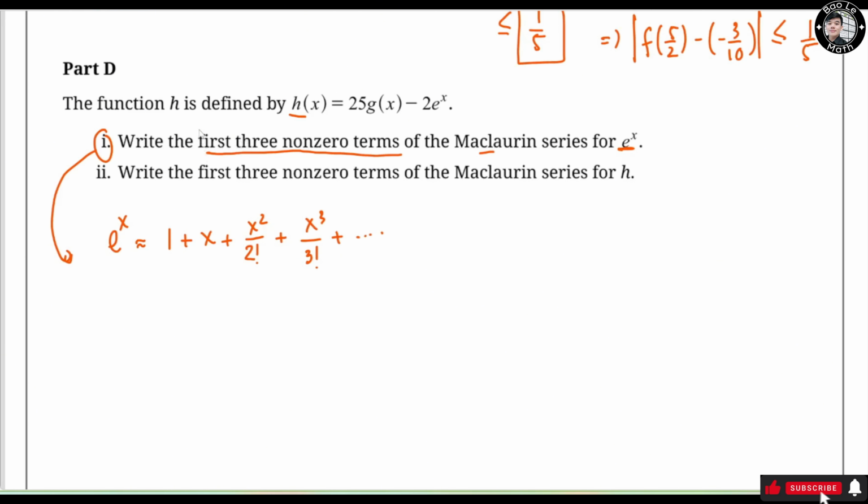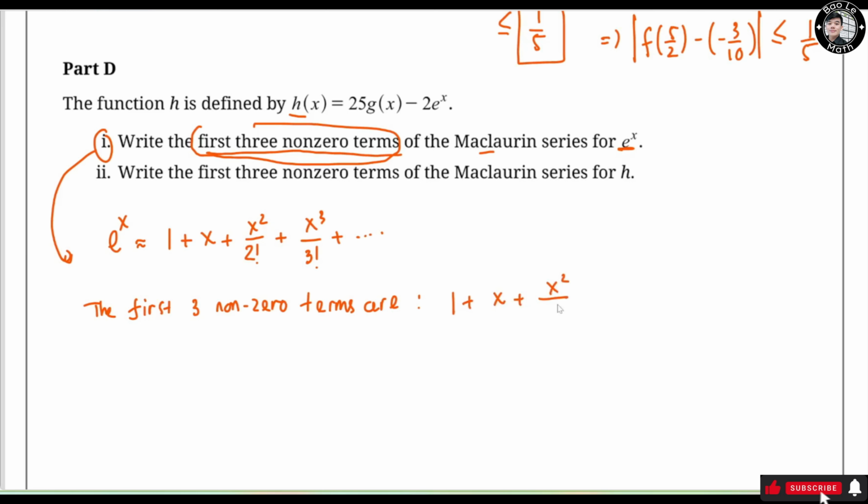So we only need the first three non-zero terms, right? So the first three non-zero terms are 1 plus s plus s squared over 2 factorial, right? Now question 2. Write the first three non-zero terms of the Maclaurin series for the function h.